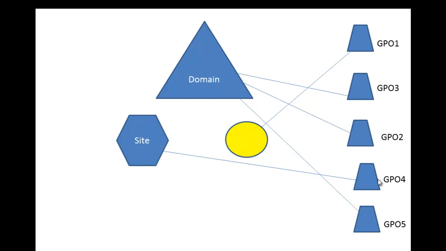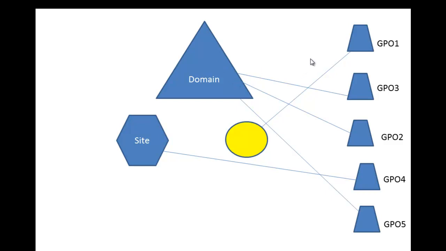We have the GPO4 linked to the site. So that policy is going to go first. Then we have GPO3, GPO2, and GPO5 linked to the domain. So those policies are going to be processed second.